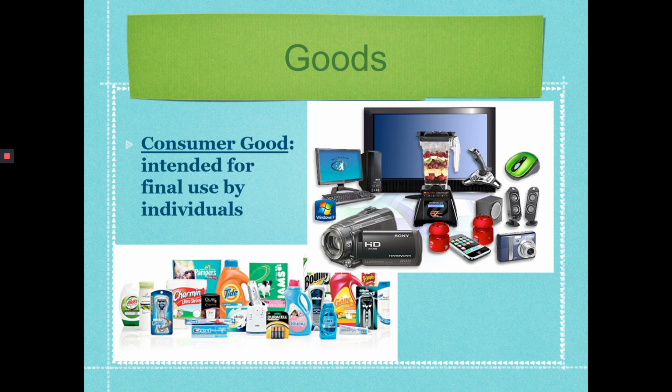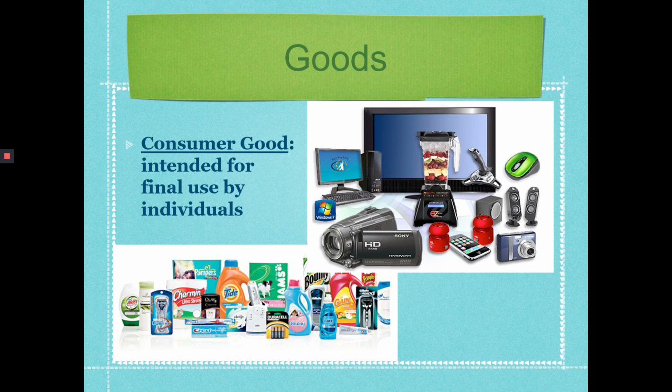It says it is intended for final use by the individual. What does final use mean? Why is that important? It means you're going to take it home and you're going to use it up. You'll use it till it probably dies, or you don't want it anymore, and you sell it to somebody else. Okay, but it has to be for the individual or a business. Okay, depending on the circumstance there.